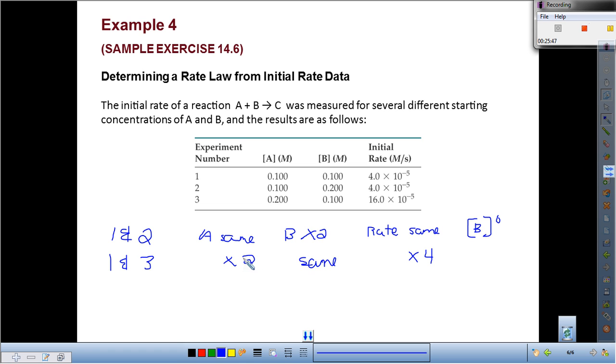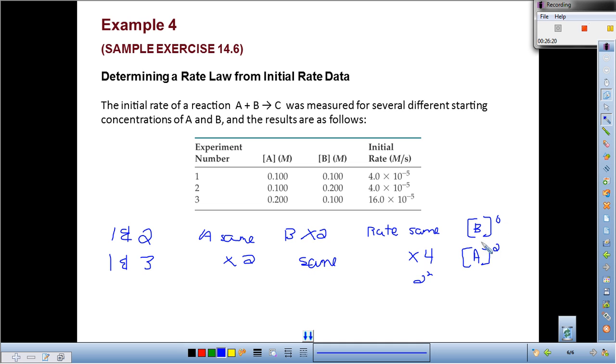When the concentration is doubled, then the rate goes up exponentially, 2 to the 2. And so what can we say about the order of A? Well, A is second order, because the rate went from 4 to 16.